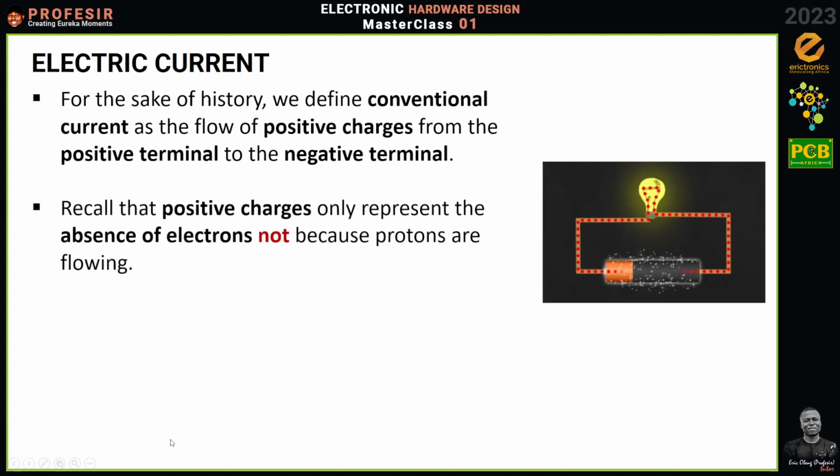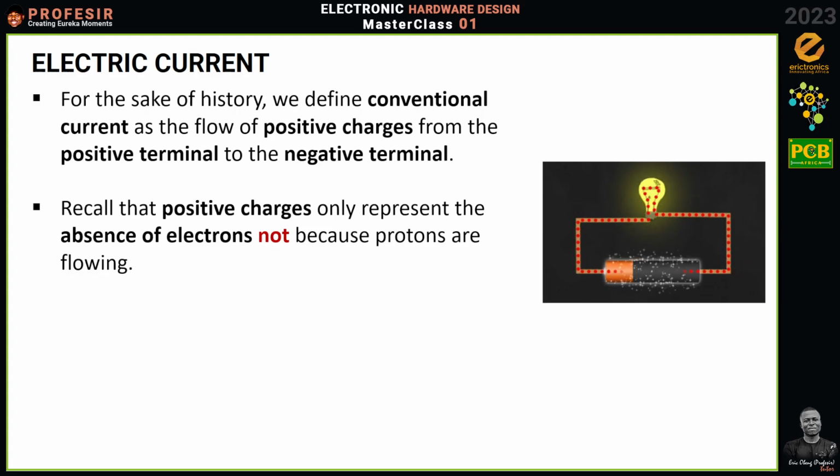Is that okay? So when we talk of current, yes, we know that it is electrons moving, but we still take it as positive charges moving from the positive to the negative. We call this the conventional current. And recall that when we talk of positive charges, we are talking about the absence of electrons. It actually makes sense, because anytime an electron moves, it leaves a hole, right?